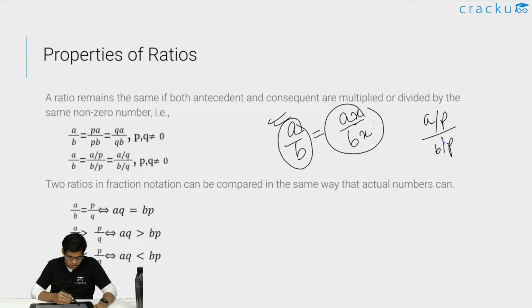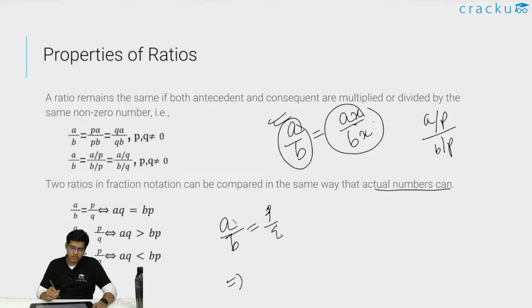The second property is that two ratios in fraction notation can be compared in the same way that actual numbers can be. Say a by b equals p by q. This can be compared the way actual numbers are, like 4 equals 4. So a divided by b equals p divided by q.